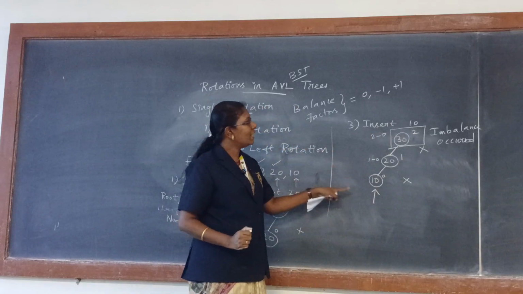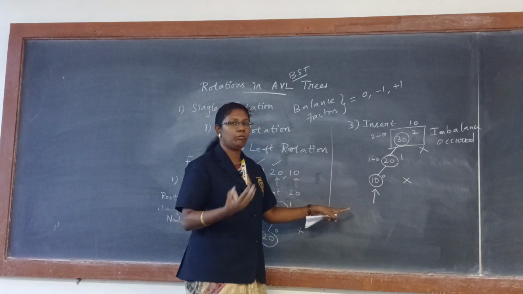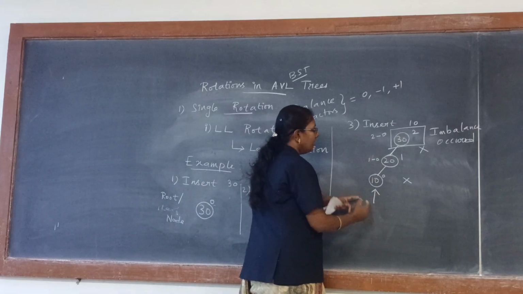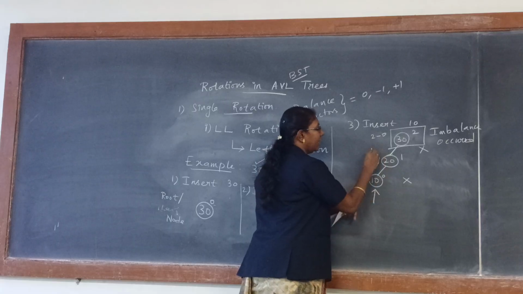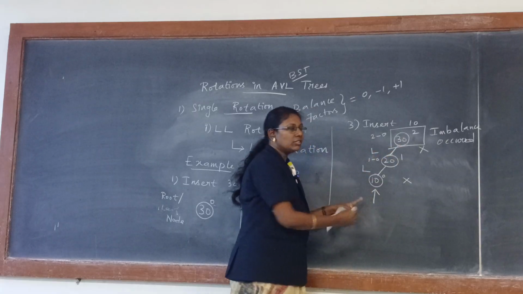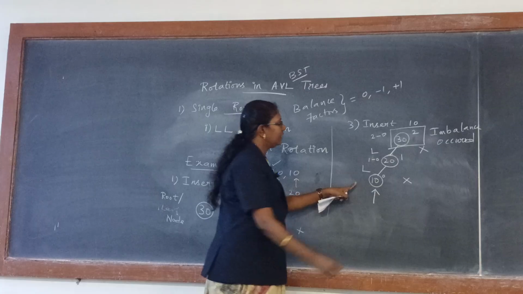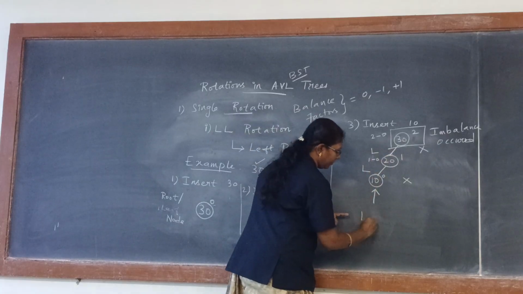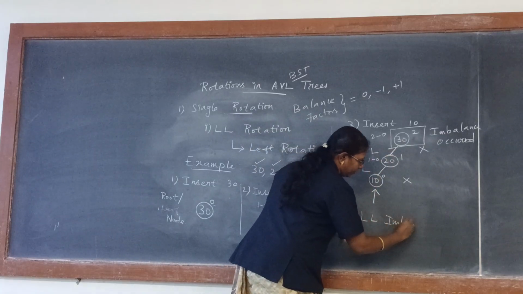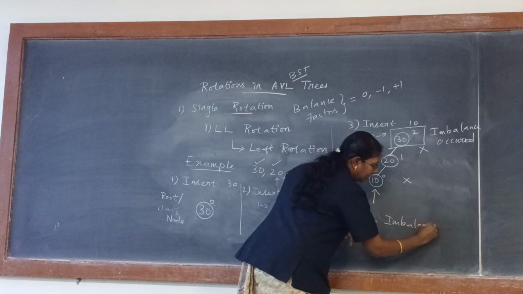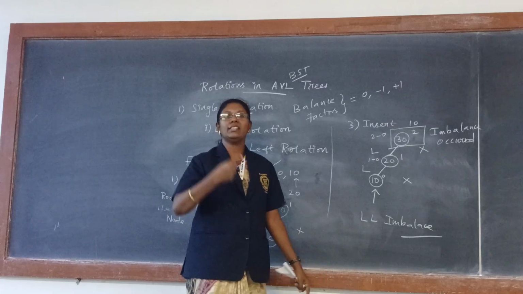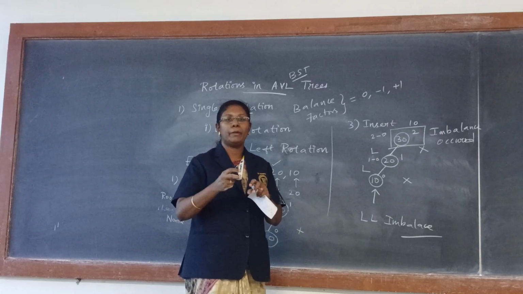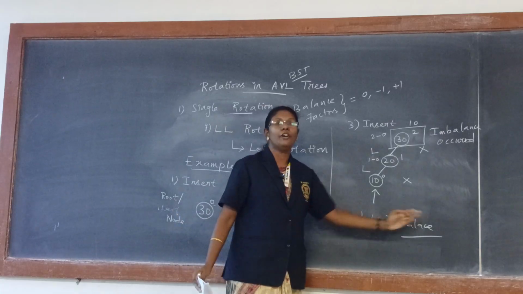The reason for the imbalance at this point is inserting into the left child of the left subtree. So that is why we are calling this an LL imbalance. To rectify this imbalance, I am going to perform LL rotation.